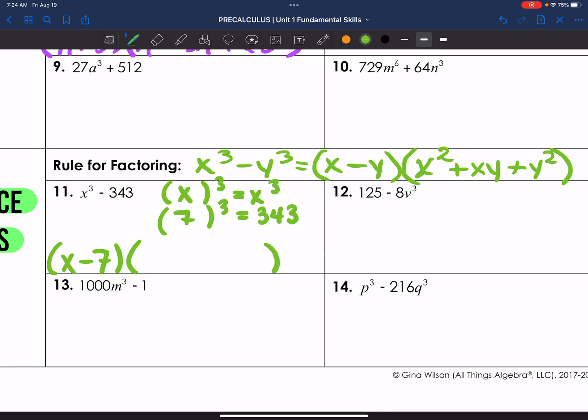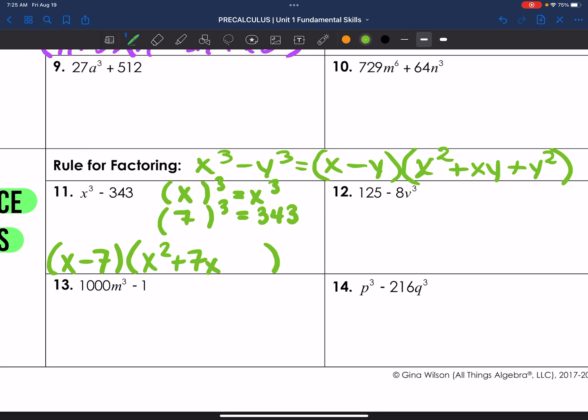Then it's going to be your first value, which in our case was x squared, that first little cube, and that's squared. Then you're going to add the product of your two values, which in our case was 7 and x. Those are your two cube roots there, the values that cubed gave us what we started with. And then last of all is our y squared, where the y is the cube root of this number, which was 7.